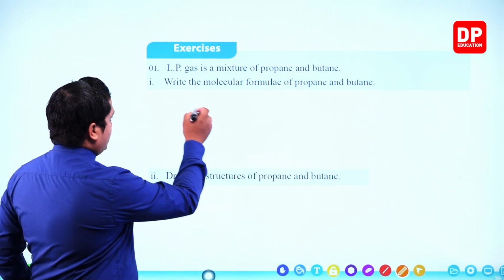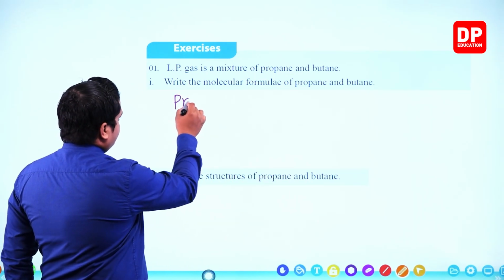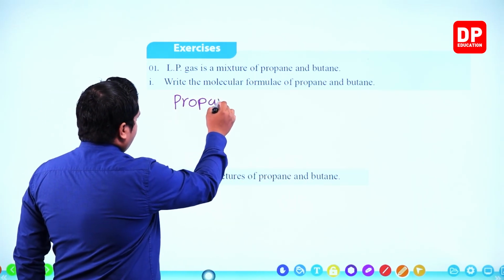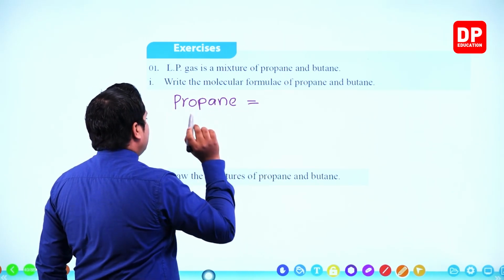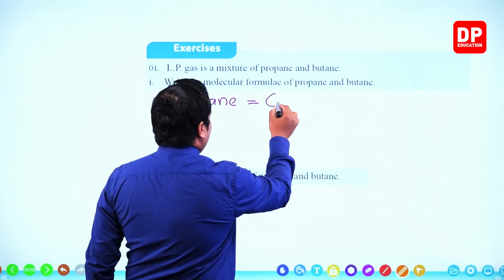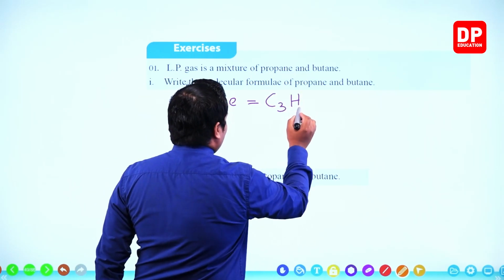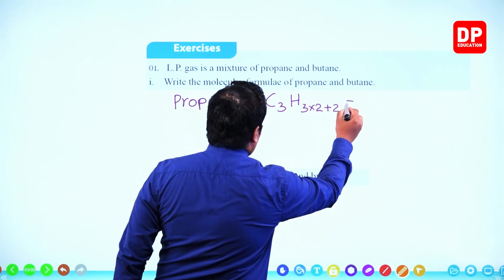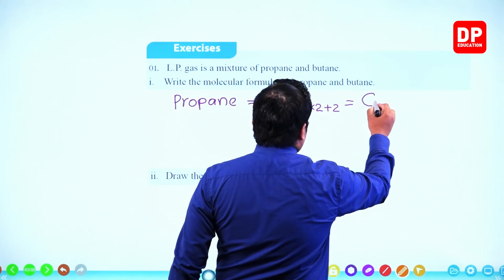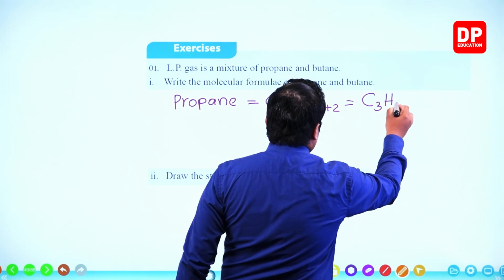So, propane, my dear children. As it is an alkane, C3H, 3 times 2 plus 2, C3H8.